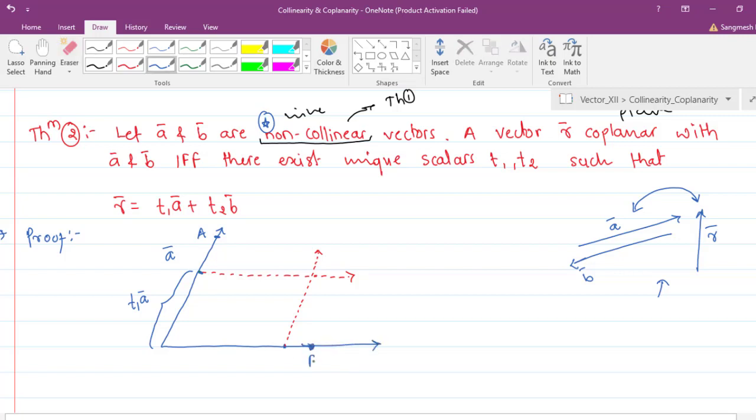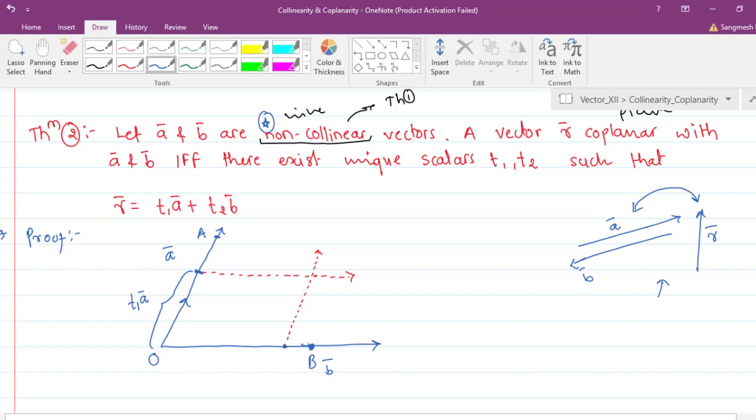Suppose this is a point B, this is my B bar. See, this is the total magnitude of A bar from origin O to A. This is total A bar, but I want some part of this A bar, that's why this becomes t1 A bar, which is a scalar multiple of A bar. I want this much vector only, from this point to this point. So this becomes t1 A bar.